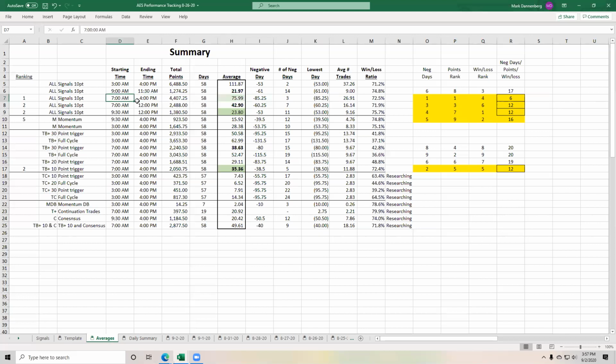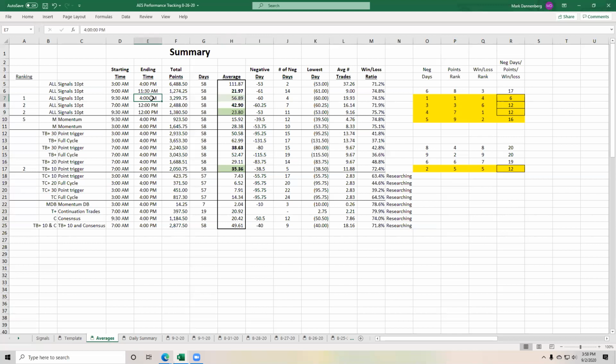And if you wanted to start at 9:30, say, let's just change this to 9:30 and see what it looks like. So 9:30 to 4 is still the best ranking category, averaging just under 57 points a day. So if you don't like the idea of starting at 7, I don't blame you.